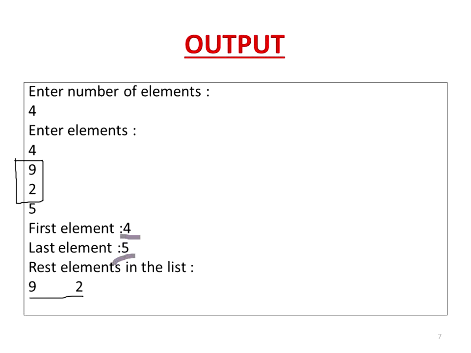Nine and 2, yes. So it is printed. And since this is first in, first out data structure, firstly 9 will be printed and then 2 will be printed. Okay? First in and first out. Shall we move to next example?